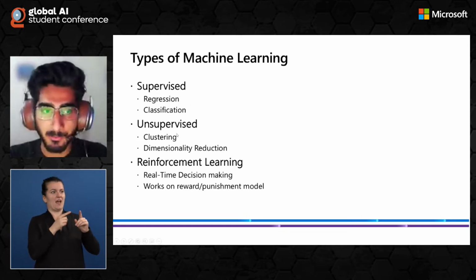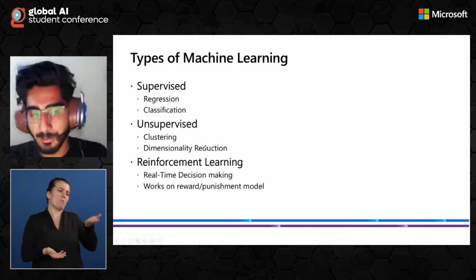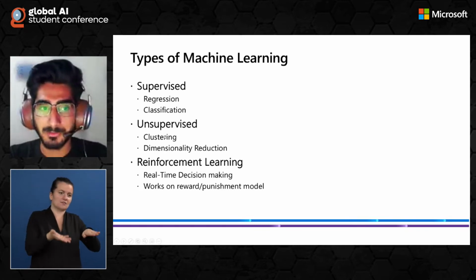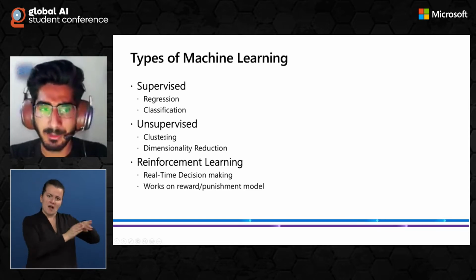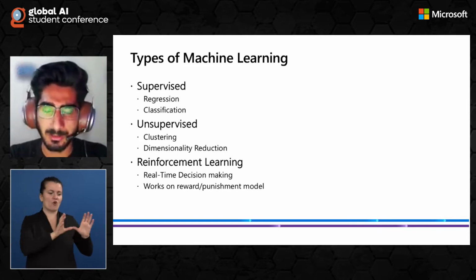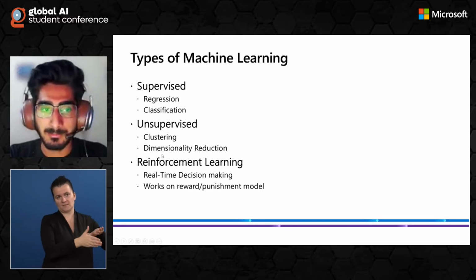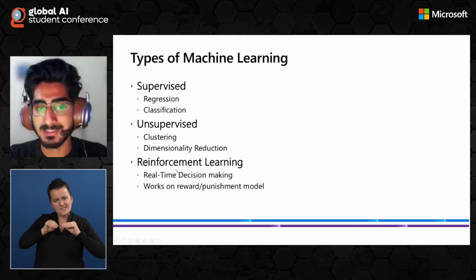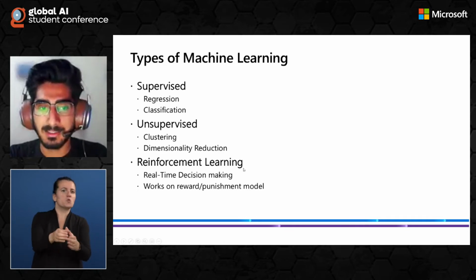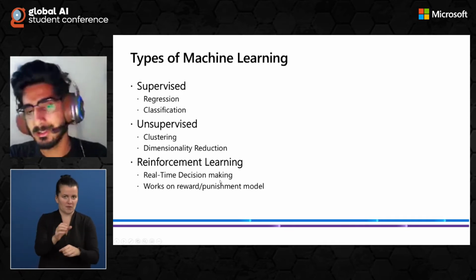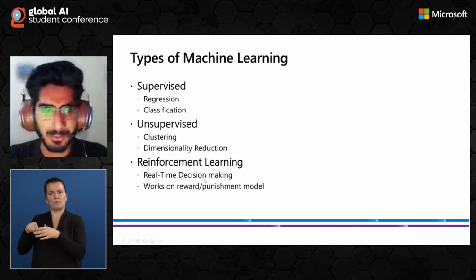And the same goes for unsupervised. We have clustering and dimensionality reduction, where we're not providing any labeled data to our models. And then we have reinforcement learning. This is something applicable to real life. Everyone has heard about Tesla, right?